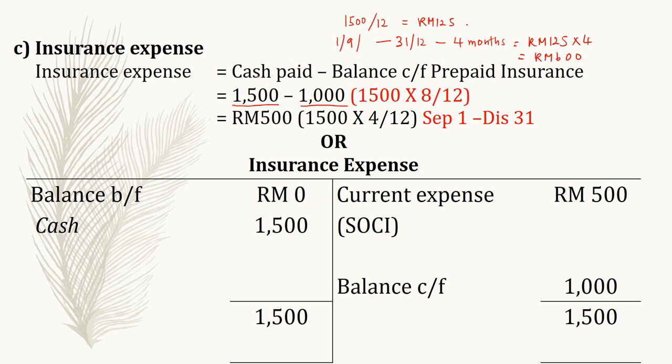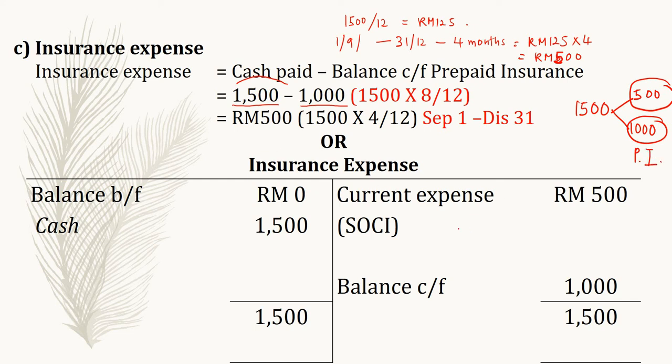So since we are paying the amount of 1,500, okay, sorry, this is 500 ringgit. Okay, so that means from your 1,500, 500 ringgit is your insurance expense, and the balance of it, that is 1,000 ringgit, is actually your prepaid insurance.